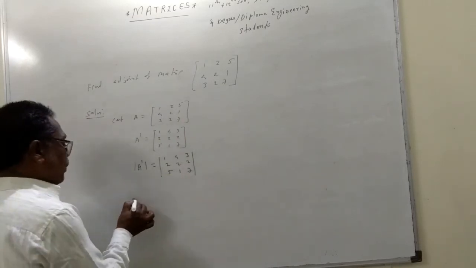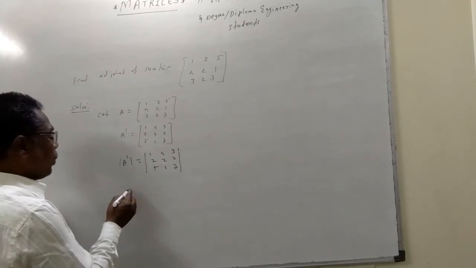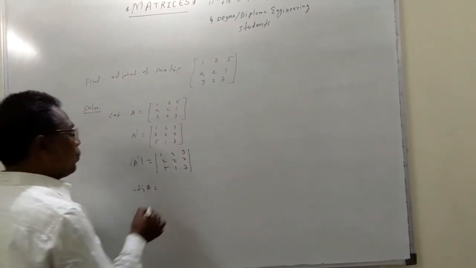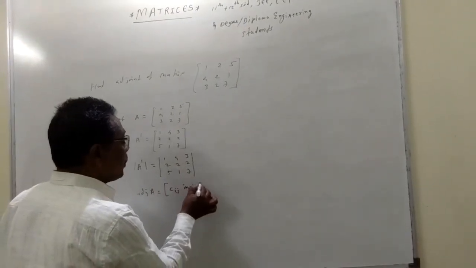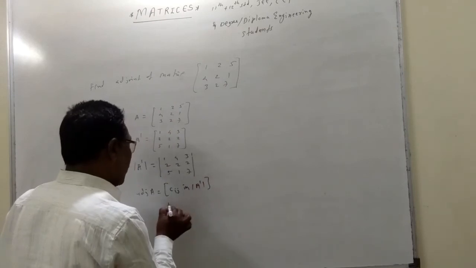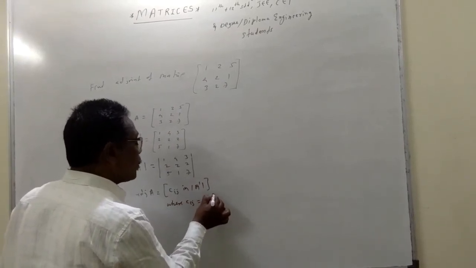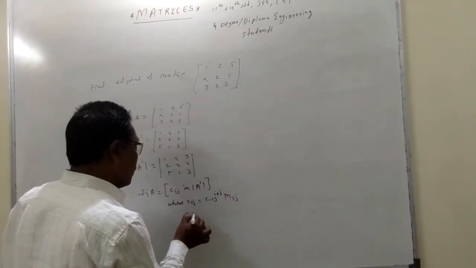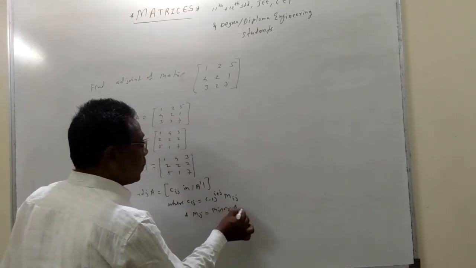Now you write the formula of adjoint. So adjoint A is equal to the matrix of Cij in the determinant A transpose, where Cij is equal to minus 1 raised to i plus j into Mij, and Mij is equal to the minor of aij.